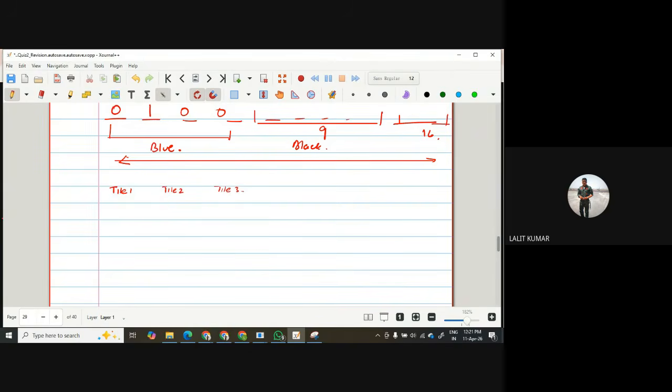If all the 3 tiles are there, I can represent 111. Only tile 1 is there, then only tile 3 is there, 001, 010. So for 3 tiles, I will have 3.